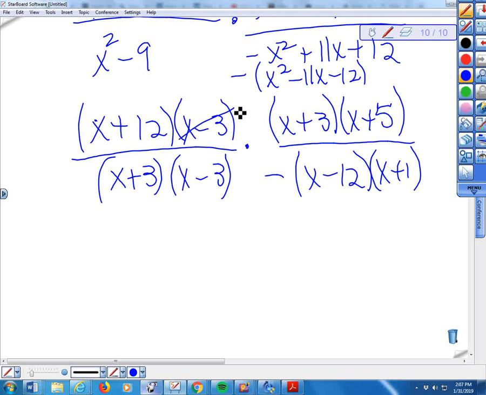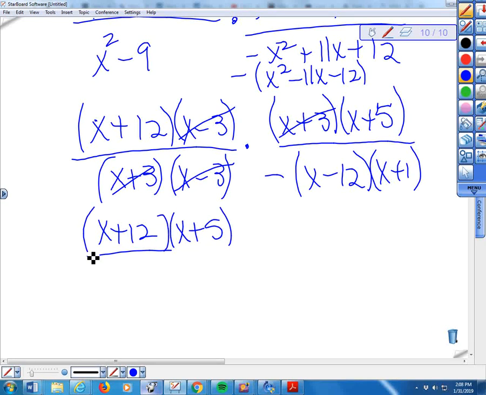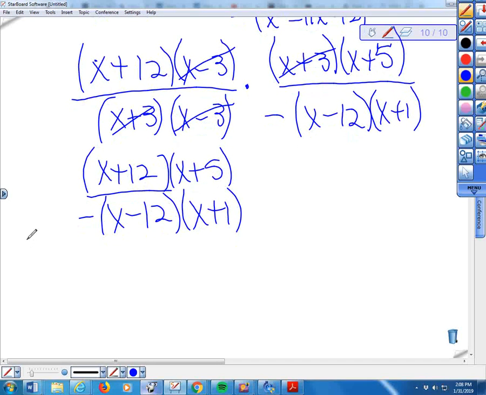X minus 3, x plus 3. I have an x plus 12 on top and an x plus 5. And on bottom I have a negative x minus 12 and x plus 1. So if I put the negative in, this is not going to match up with this.